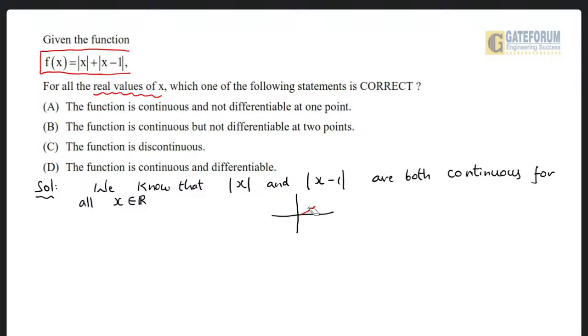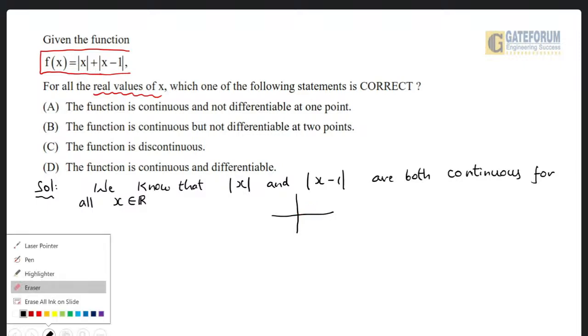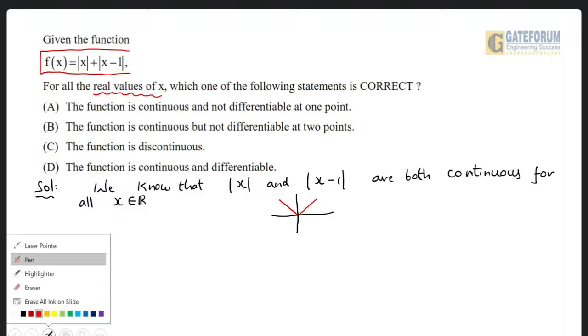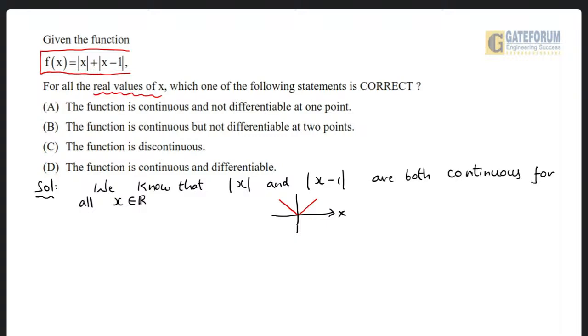This is the V-shaped graph. x-axis, origin, y-axis. So this is the mod x graph. Let us take this as 1 unit. Shift this red color mod x graph towards the right side of the x-axis by 1 unit.